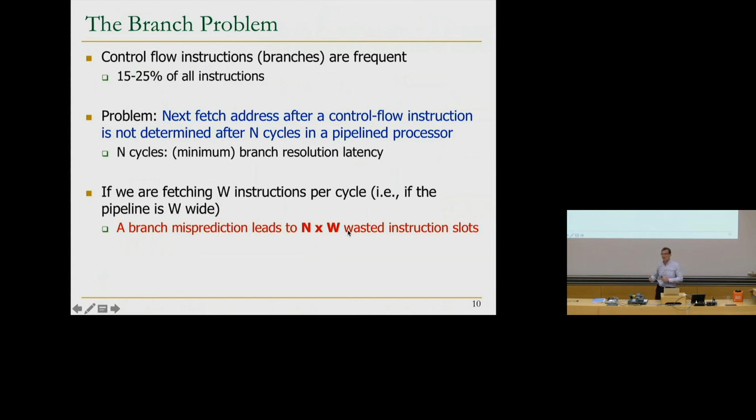Right? For example, if you have a 5-stage pipeline, the branch resolution latency is 4. At the 4th stage, at the ALU stage, you figure out whether the branch is taken or not taken. And if your pipeline width is 3, in that case, n is 4 and W is 3. Basically, you fill the pipeline with 12 wrong instructions.